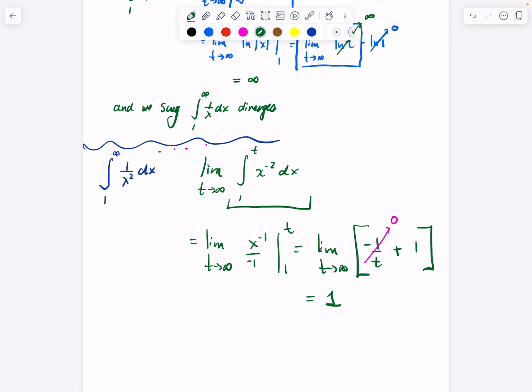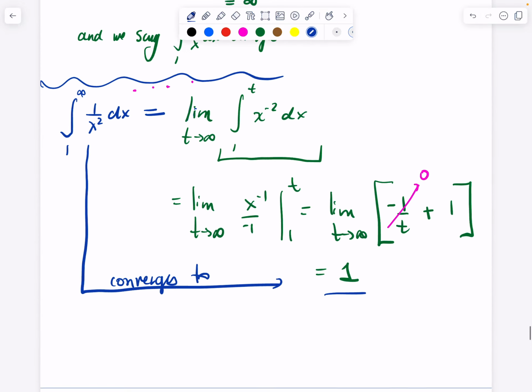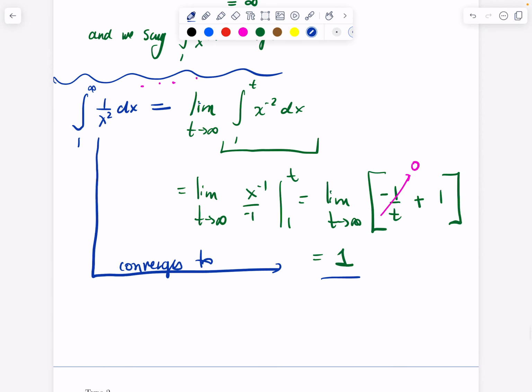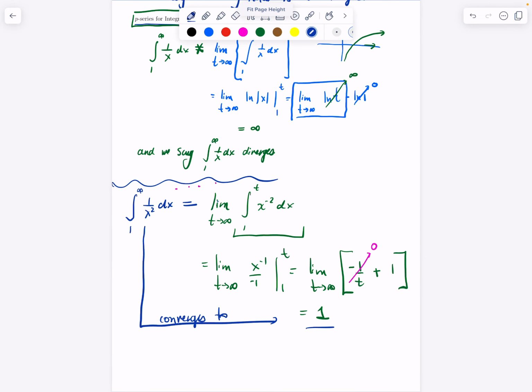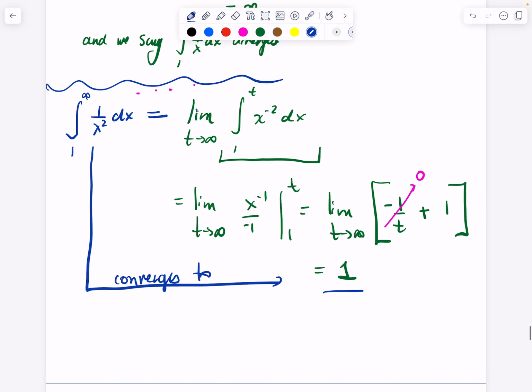So this limit exists, which means this integral equals that limit, and we say this thing converges to 1. So the natural question to ask is, well, 1 over x diverged, 1 over x squared converged. For which values of p does it converge, and for which values of p does it not converge? We will handle that in our next video.